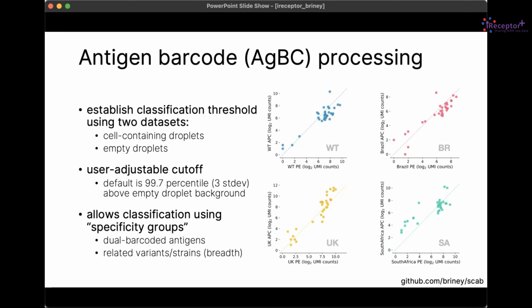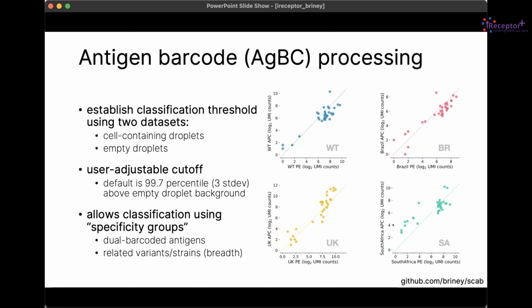This is some example data from a small SARS-CoV-2 experiment we did, and we do see extremely reproducible antigen barcode data. This was an old enough experiment that we were calling the variants by country names, not by the Greek letter names.